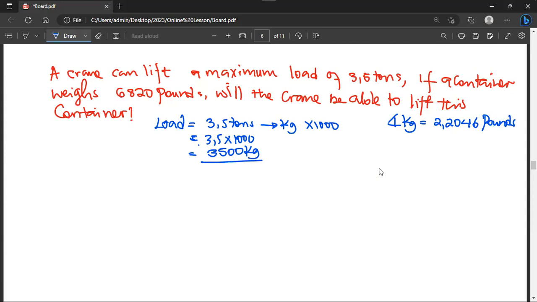So we need to change the kilograms to pounds because the container weighs 6,820 pounds. So we need to know whether it will be okay for it to carry. So what you're going to do, you multiply by 2,2046.